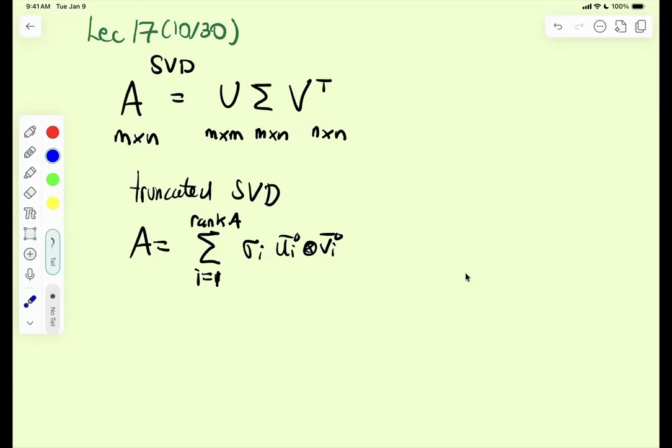I will write it in a way that's a little bit more convenient for what I'm going to do next with the tensor decomposition. This is not something that you usually do with the truncated version, but I'll imagine that you reabsorb the coefficient of the singular value into the second vector, just because I will find that convenient for the tensor trains.